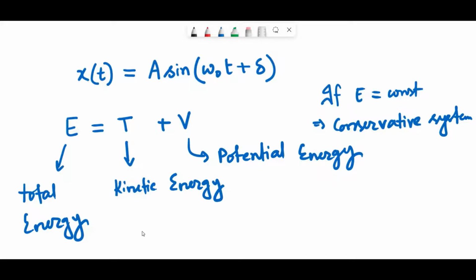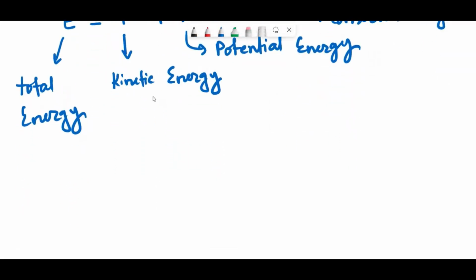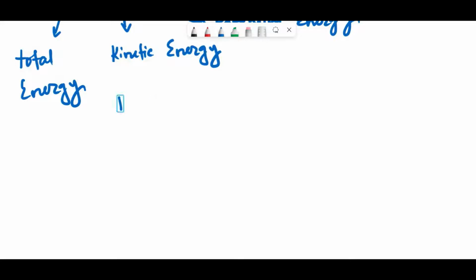And in the case of simple harmonic motion, it's incredibly simple to show that a simple harmonic oscillator is indeed a conservative system. So how? We know that T is equal to half m v squared, and those of you who are familiar with the dot notation, v is simply the first time derivative of the position, and therefore this is also written as half m x dot squared.